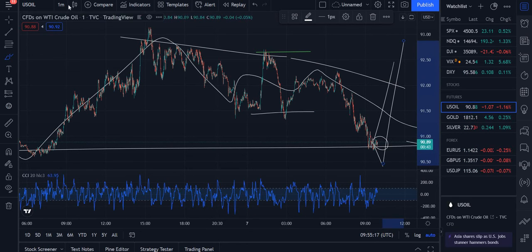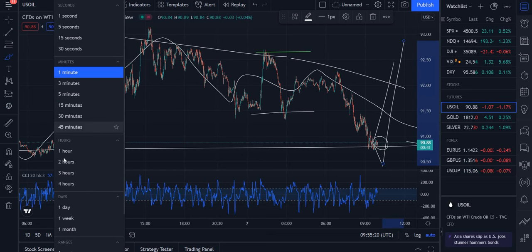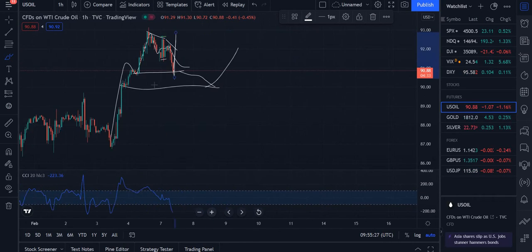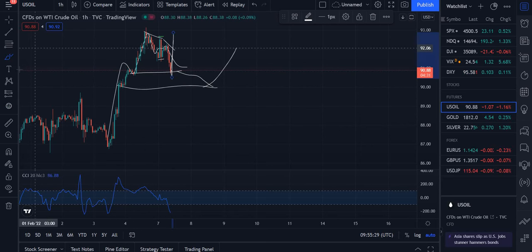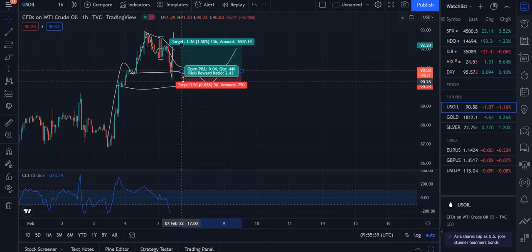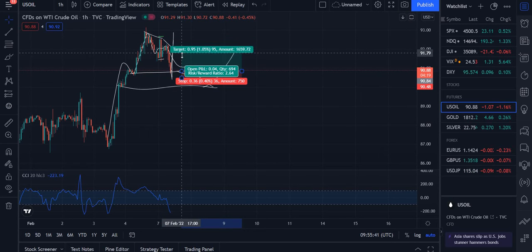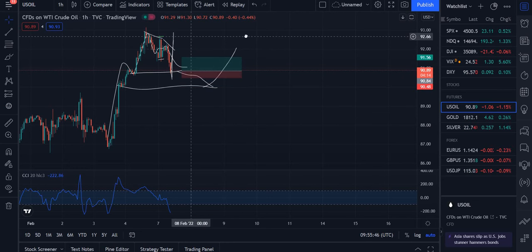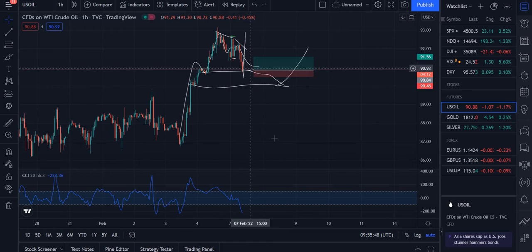But initially, short term, for a small pullback to the upside, we could go for an entry here, since again on the 1-hour chart the CCI is also pretty low. So the trade could look something like this. If we enter here, stop loss slightly here and target something like this, it would be an option for the next couple of hours if you're into it.